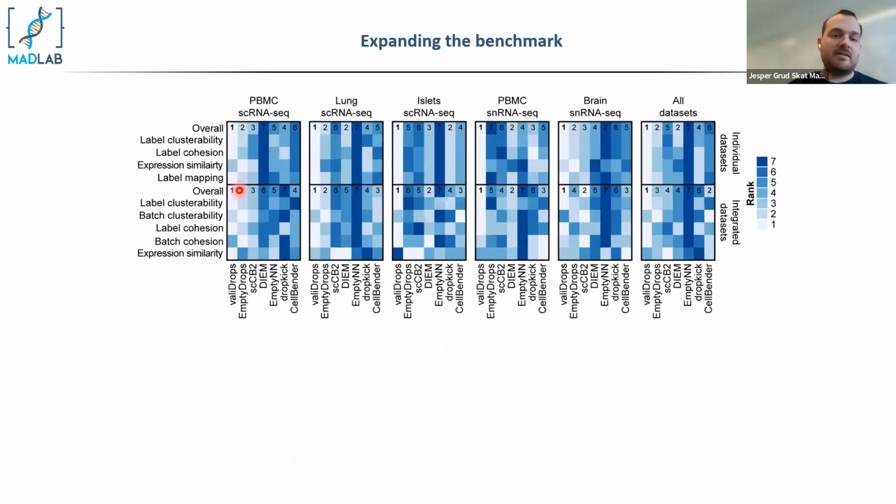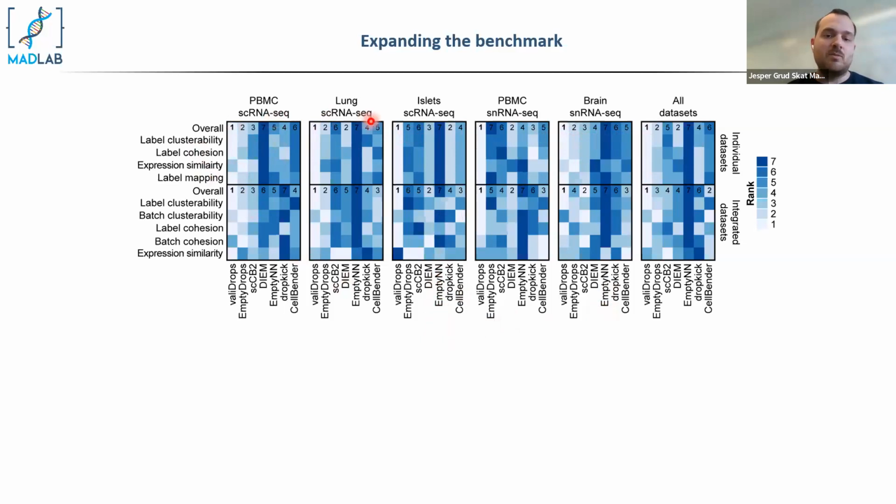And if we look at the individual data sets, there's a lot of information hidden within these numbers. But what we see across all modalities or all data types and tissues is that valiDrops has the best performance across all of them. And the worst performer is also pretty consistent. This method, which we also were struggling to actually get to work.